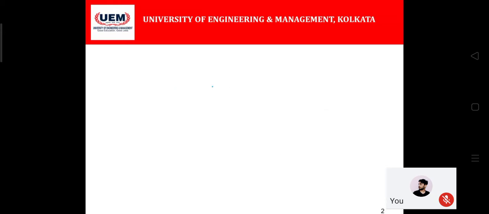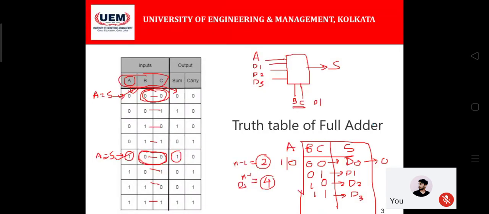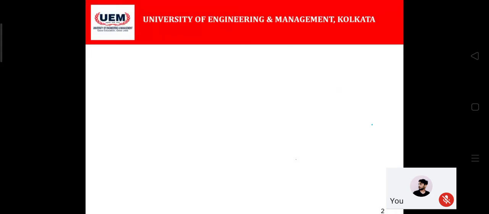So instead of writing directly from the truth table, because it becomes much more complicated for the carry part itself, we will use the table of the multiplexer that we had drawn in the last day. So we'll take all the values of B and C: 0 0, 0 1, 1 0 and 1 1.